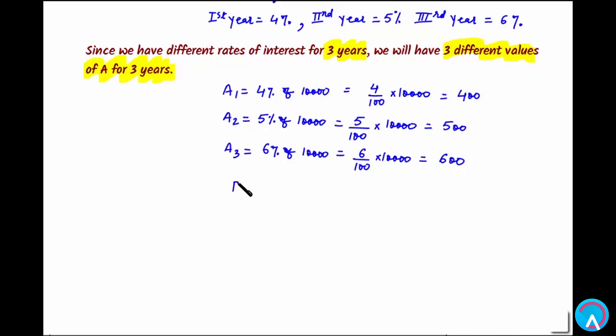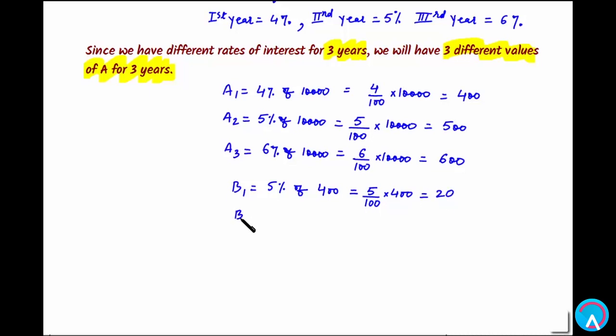Next, we will have B1 is equal to 5% of A1, that is 400. So when this is calculated, this comes as 5 by 100 multiplied with 400. So this will be 20.